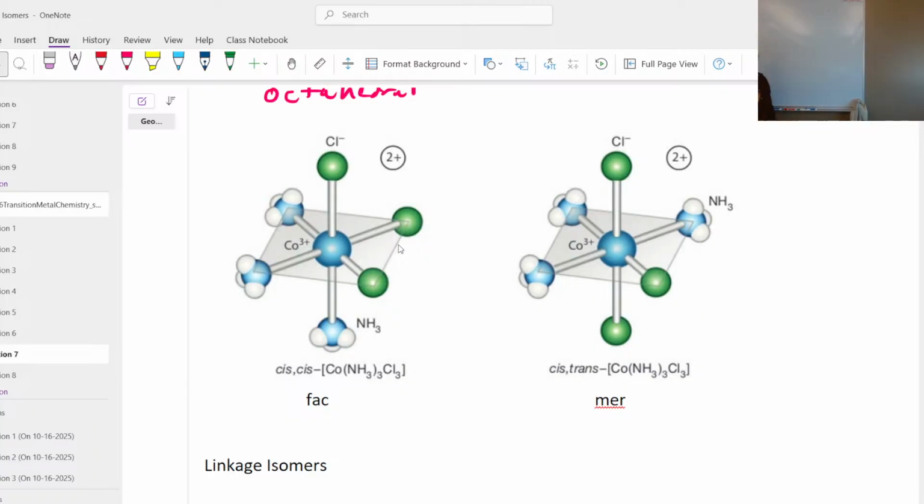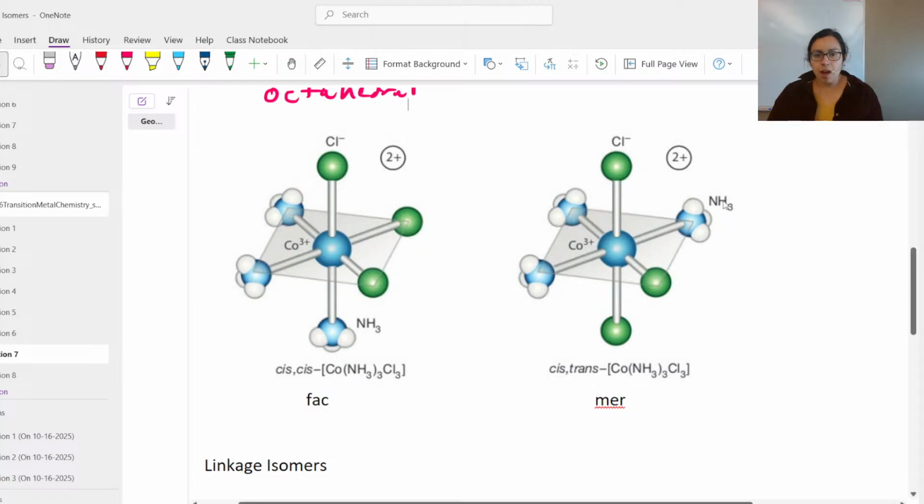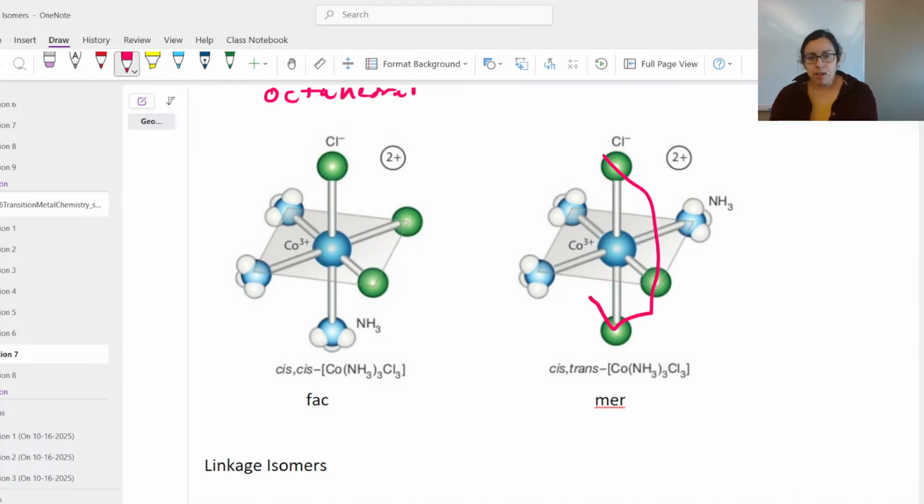And then MER. I know this as MER from the meridional plane, so the same substituents occupy the same plane. They highlighted the amines.